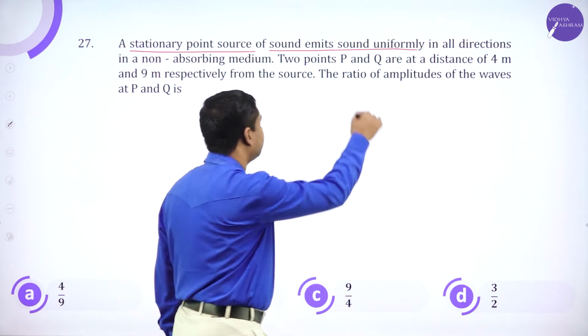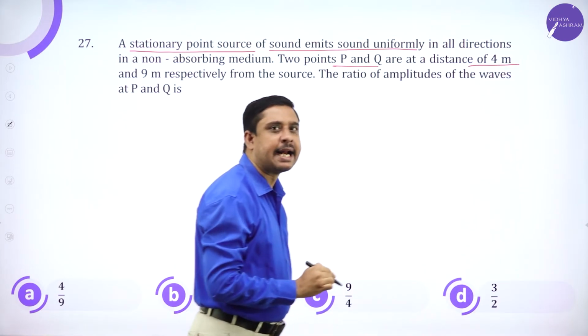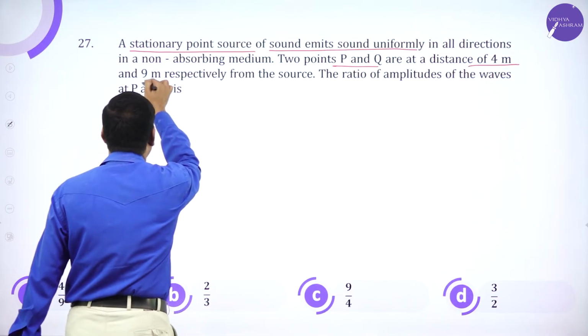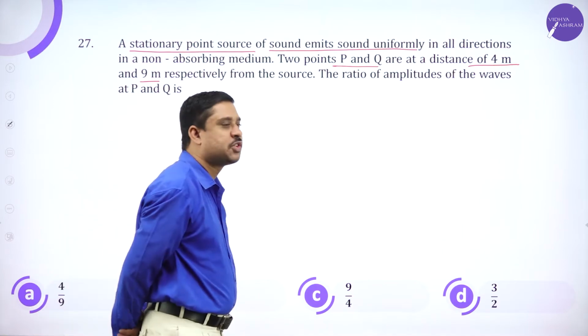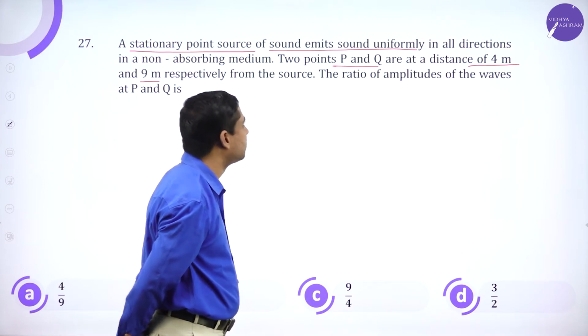Two points P and Q are at distances of 4 meters and 9 meters from the source.